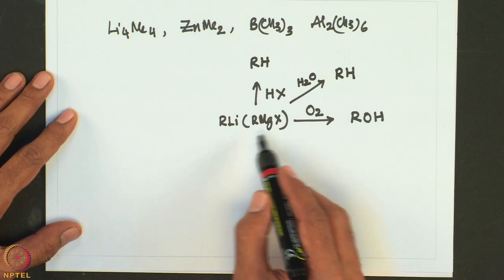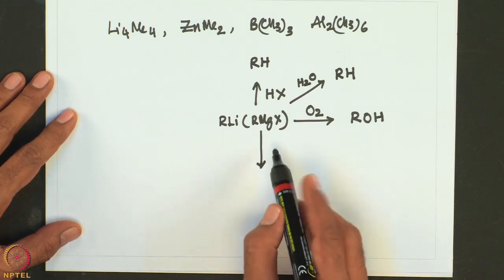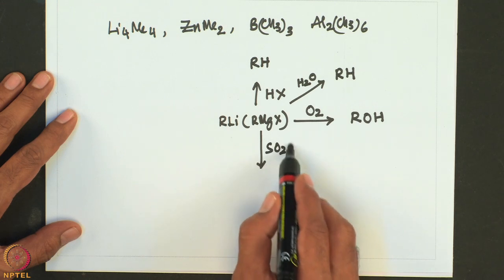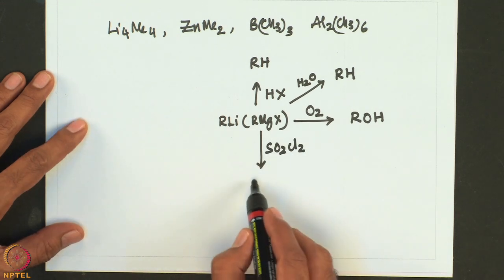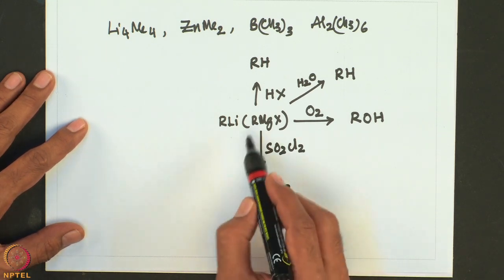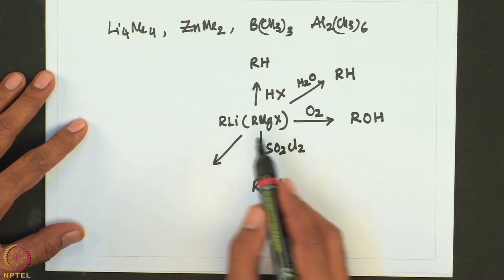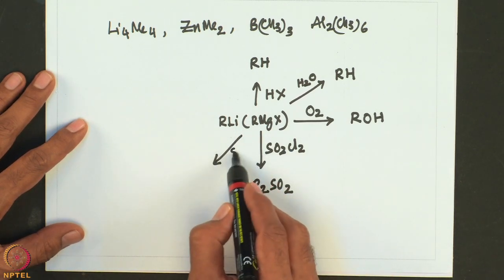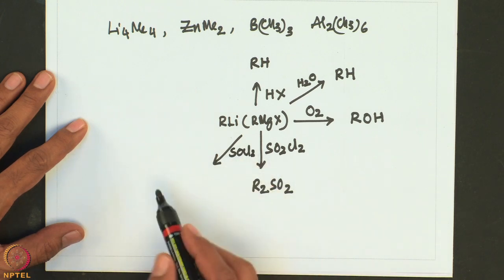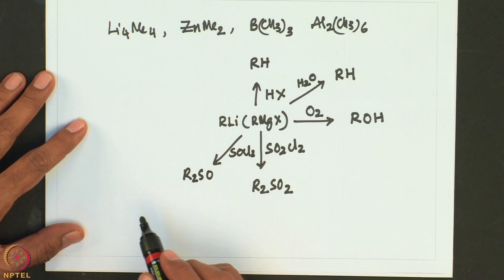Treatment of this one with sulfuryl chloride, SO2Cl2, leads to the formation of R2SO2. Similarly, treatment of RLi or RMgX with thionyl chloride leads to R2SO.